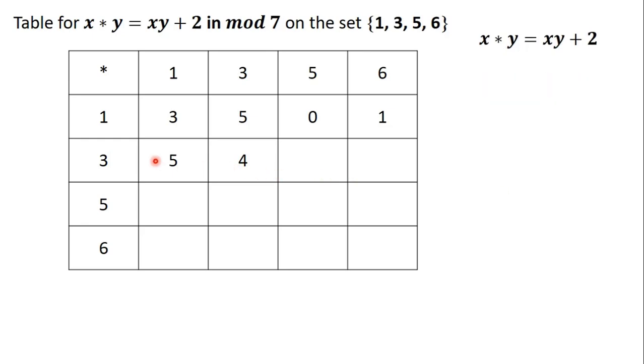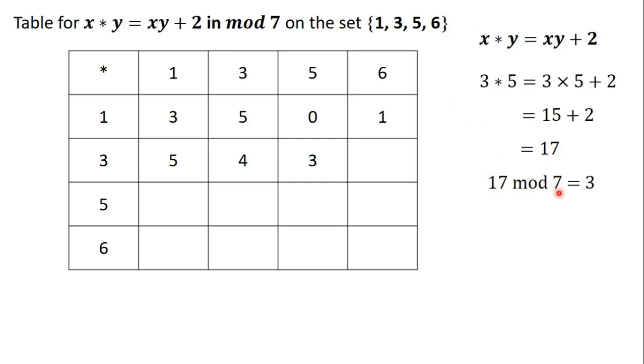The next one is 3 star 5. 3 star 5 will give us 3 times 5 plus 2. 3 times 5 is 15. 15 plus 2 is 17. You find 17 mod 7. And 17 mod 7 is equal to 3.